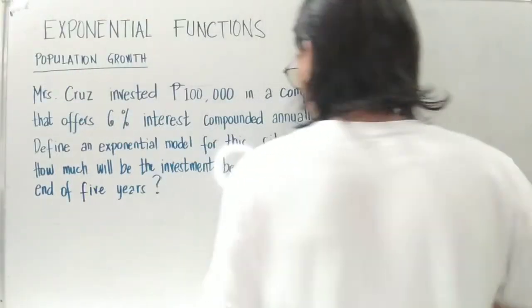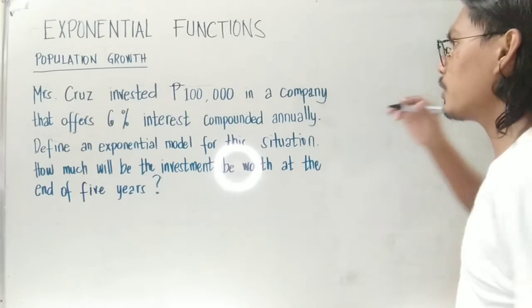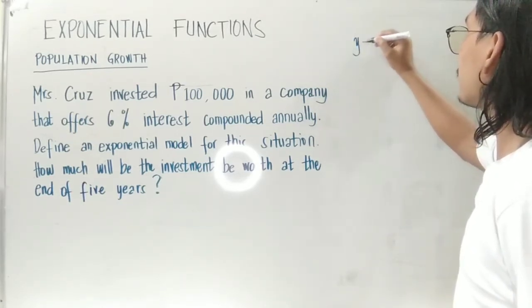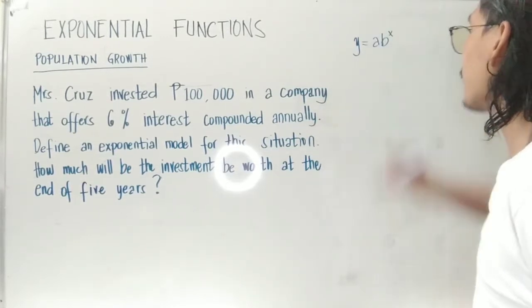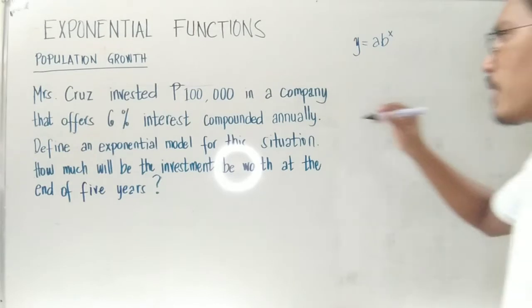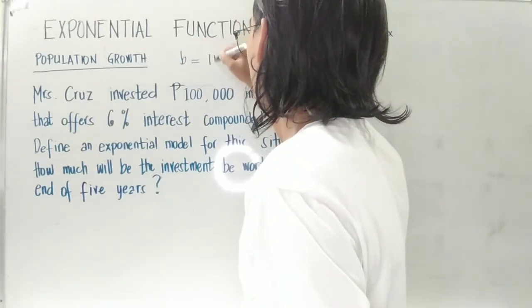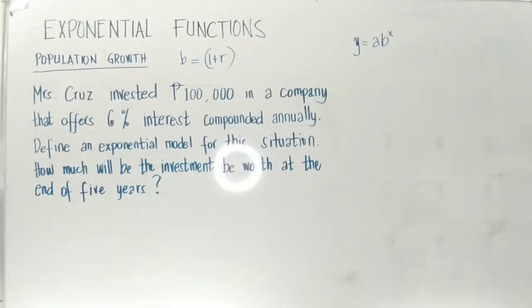Let us start from the definition of your exponential function on population growth. We have y equals a b raised to x. For population growth, we have b equal to 1 plus r as your growth factor.